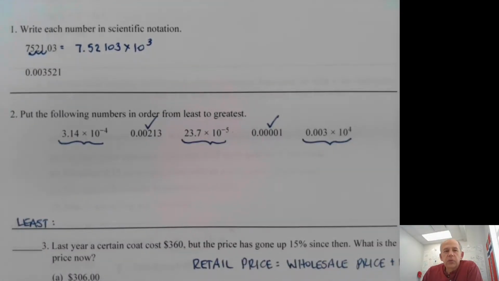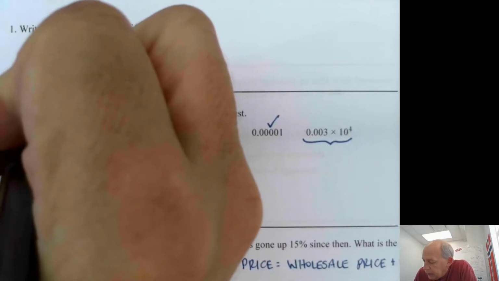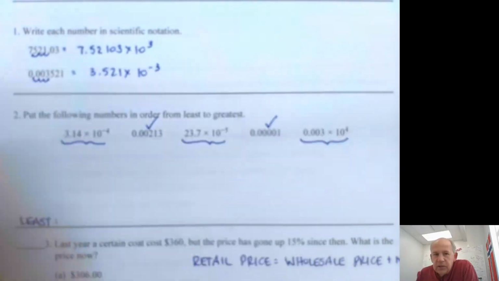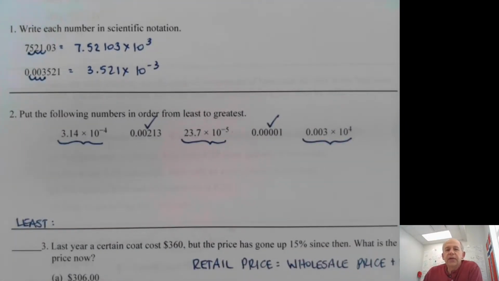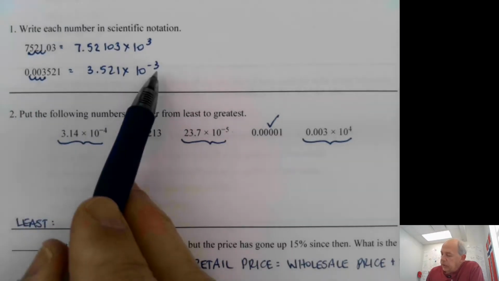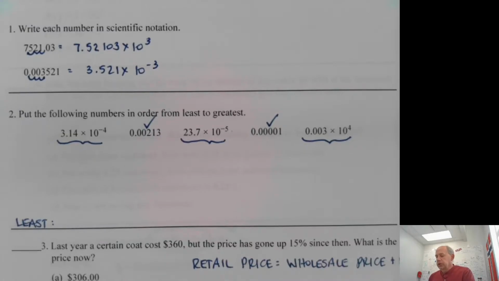All of your questions will be multiple choice. That one happened not to be a multiple choice format. Same here, 3.521 times 10 to the negative 3. The reason that is negative is because this number is a small number. The reason that 3 was positive is because the first number was a large number.